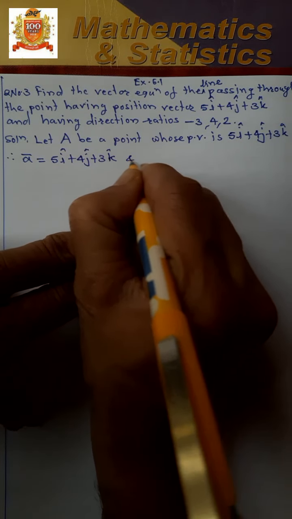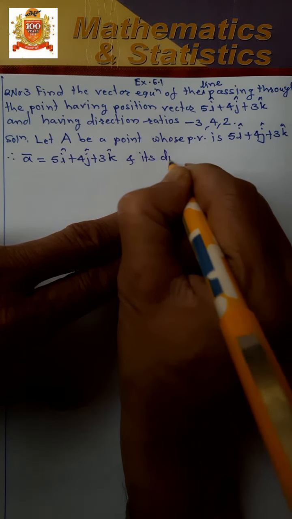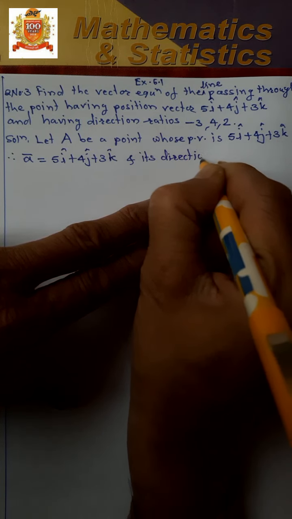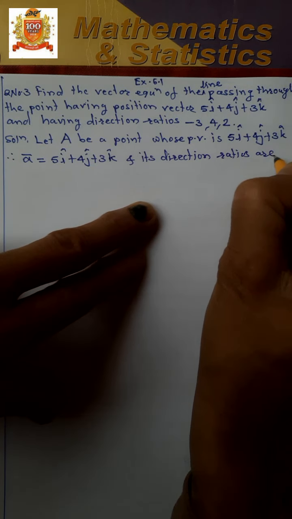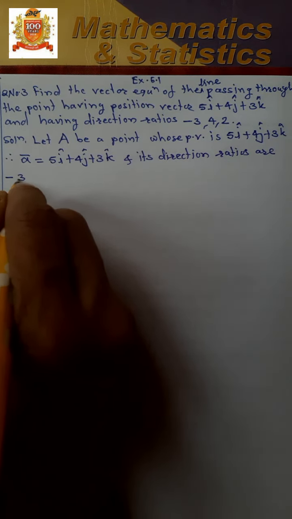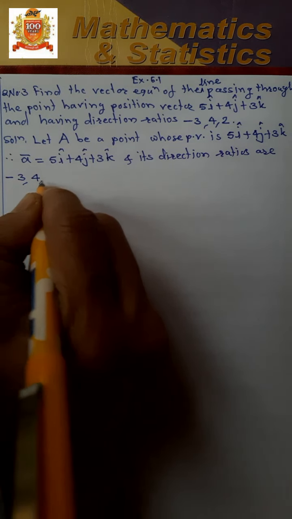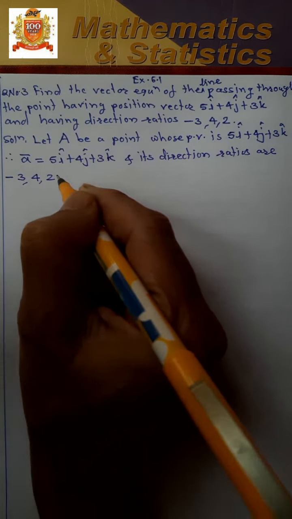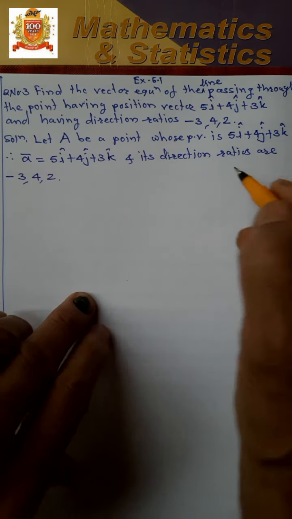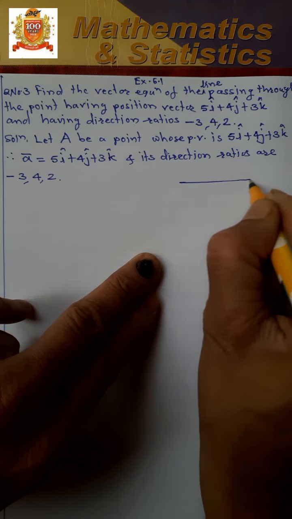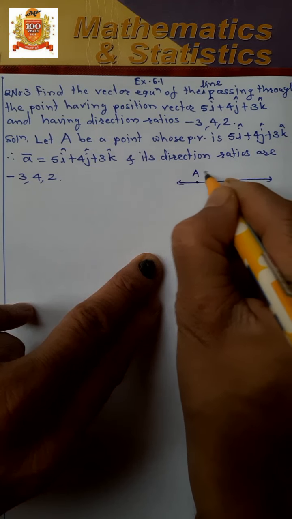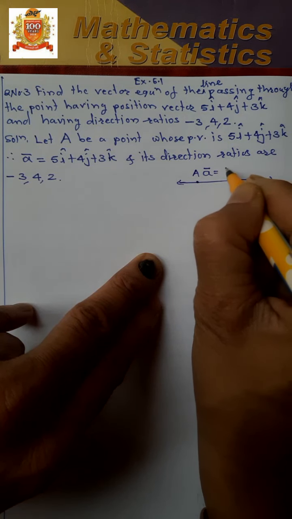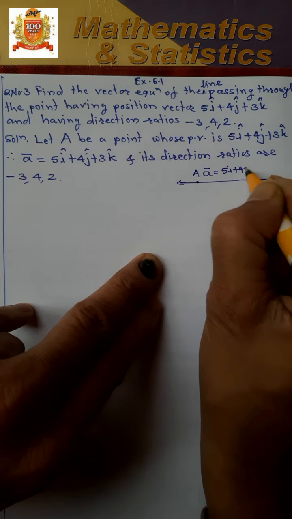And its direction ratios are minus 3, 4, 2. Here, this is a point A, whose position vector is a bar, which is given as 5i plus 4j plus 3k, isn't it?